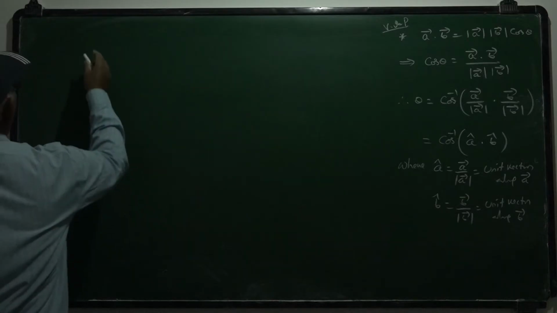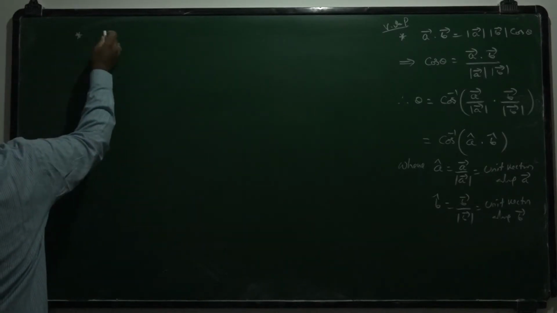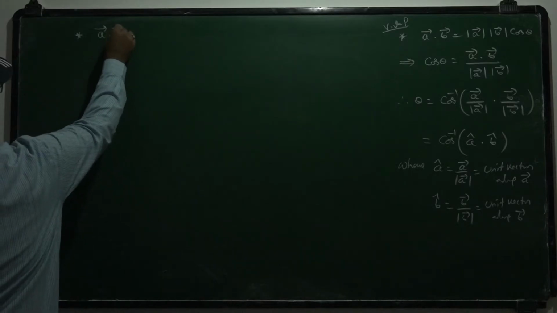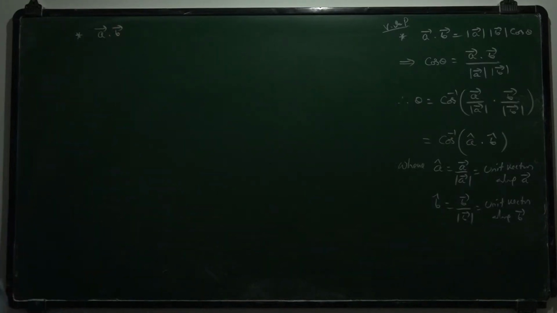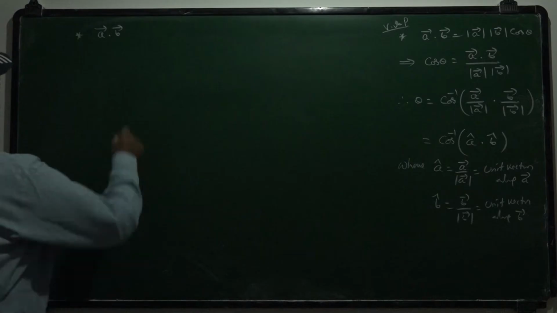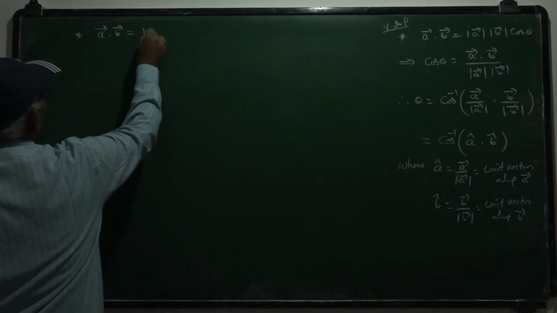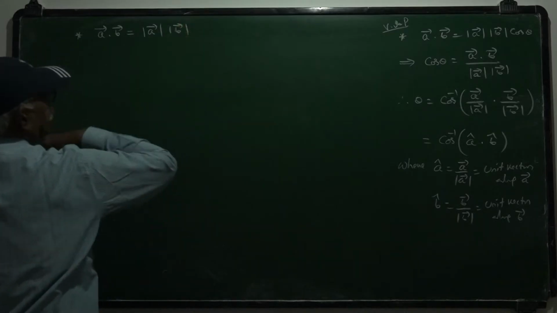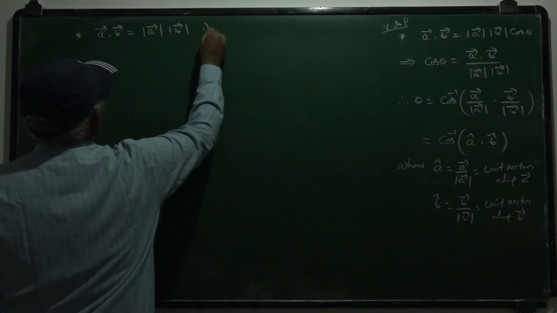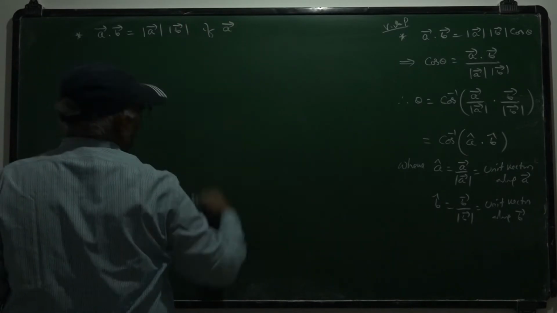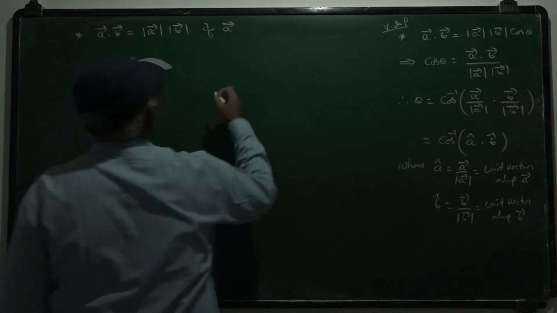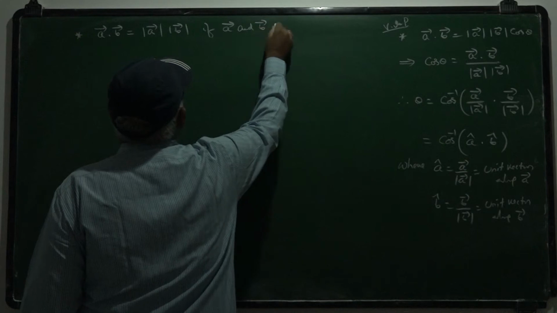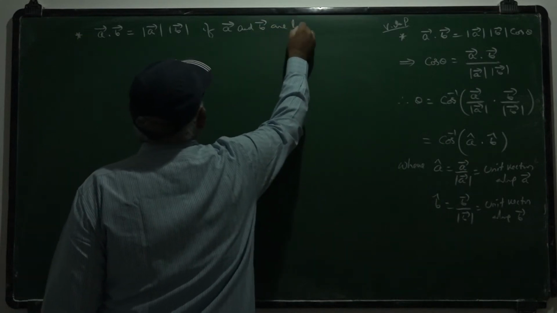Next one, A bar dot B bar is equal to modulus of A bar modulus of B bar if A bar and B bar are like vectors.